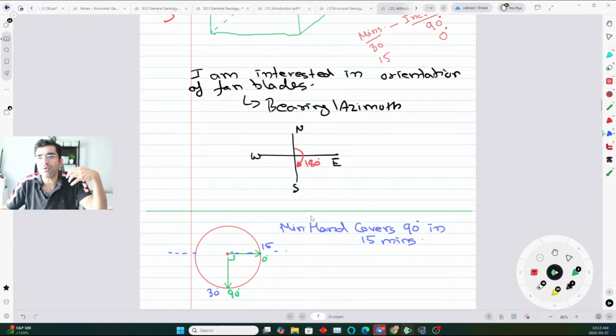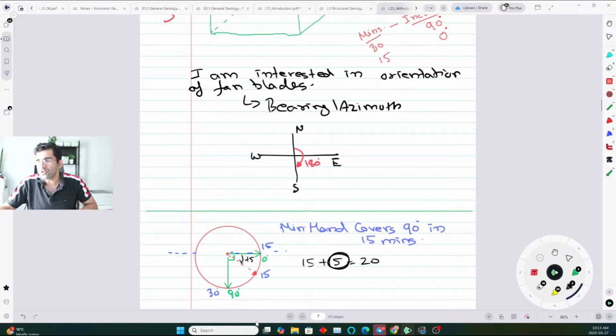But when you are talking about 20 minutes, the case that is given to us is somewhere here. So from 15 it goes to 20. How many minutes does it have to cover? 5 more minutes. So plus 5. 15 plus 5 will give you 20. So to find the angle, you have to focus on this part.